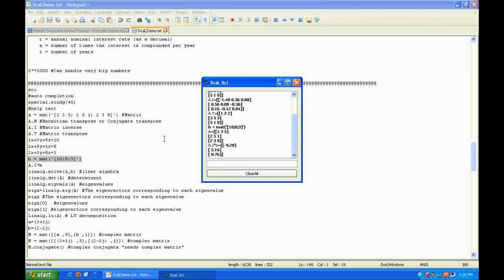When we solve this equation, we get the values of x, y, and z in this manner.